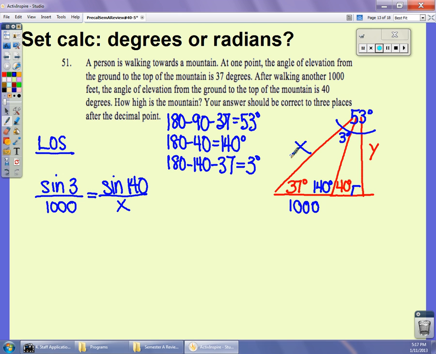Let's calculate that value. We can do that using cross multiplication. So we get x sine of 3 equals 1,000 sine of 140. Divide both sides by sine of 3 to get x by itself.